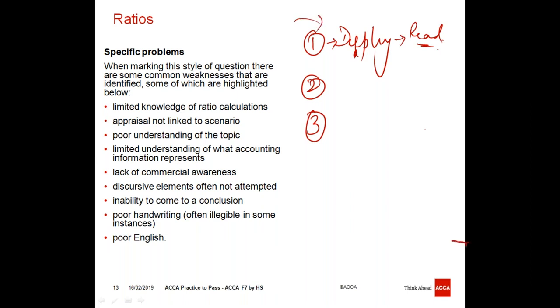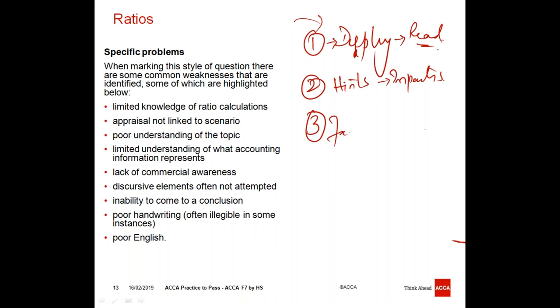What is the meaning of deeply read the question? You should identify the hints and their impacts. In all the questions, the examiner will give you one or two hints. You have to identify this hint and incorporate it in your answer.